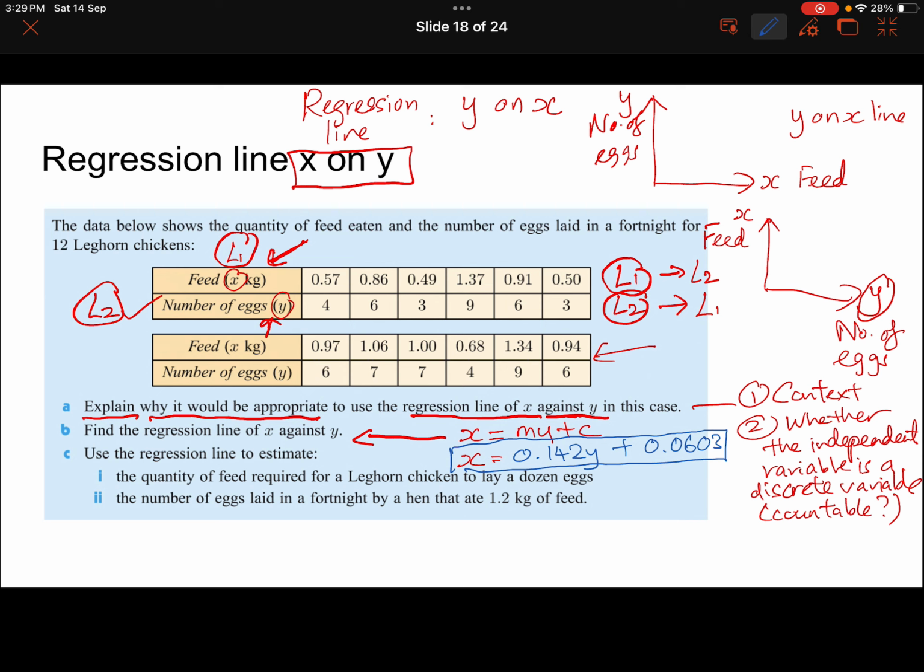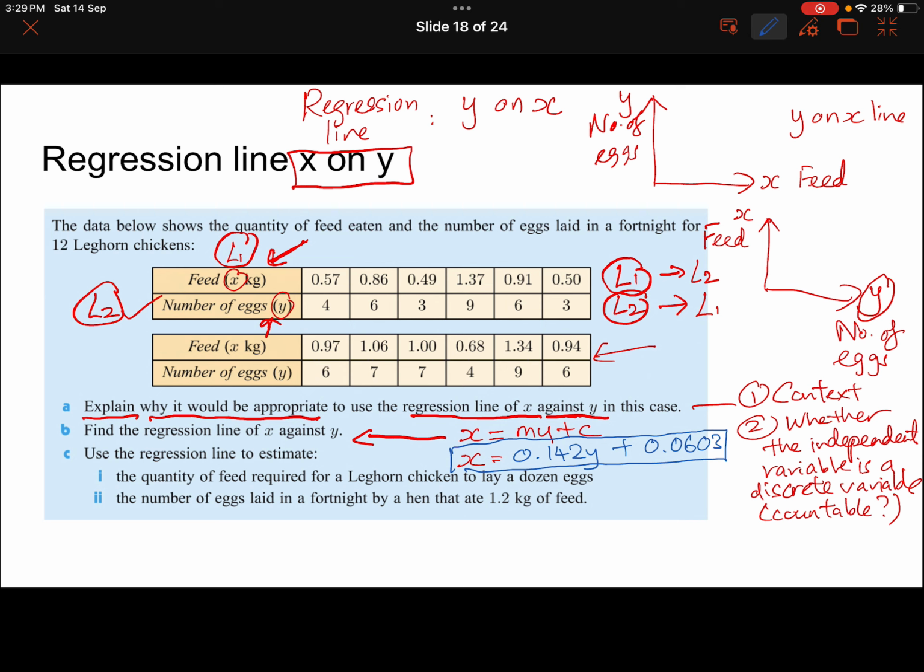In terms of the relationship between these two variables, it's not exactly clear cut whether the amount of feed that the chicken eat is dependent on the number of eggs they laid. So this is essentially what we're doing, and not forgetting the dependent variable, which obviously was the feed, and the independent variable, which is the number of eggs. The number of eggs is a discrete variable which is countable, which makes it a good choice as an independent variable as well. So that's what we have been doing on the regression line of x on y.